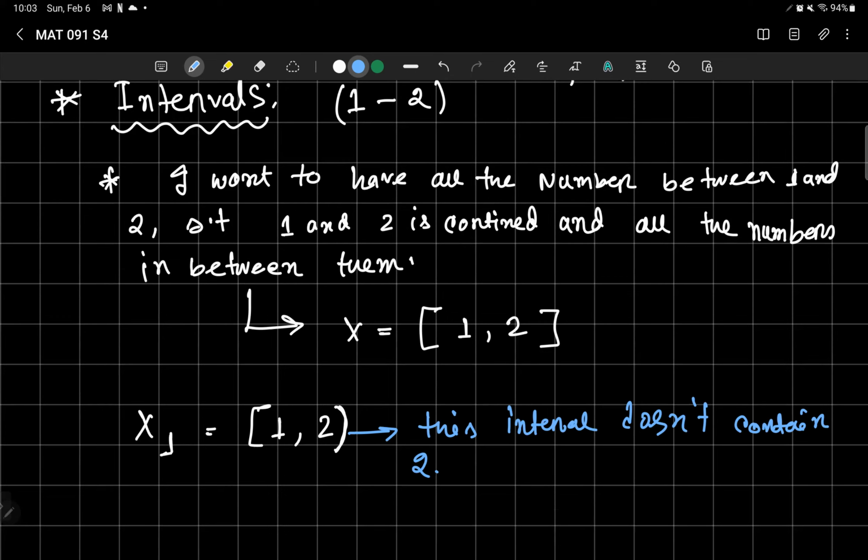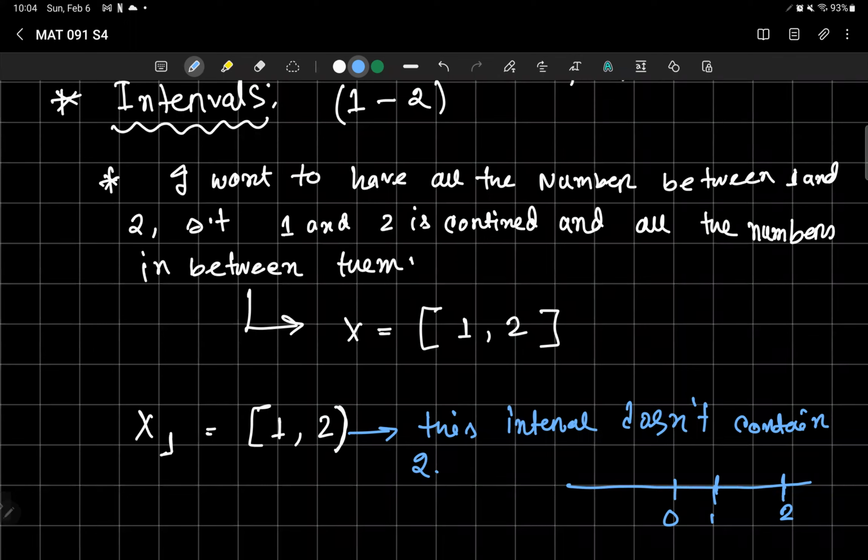Can anyone tell me what's the number before 2 in the real number line? Let's say this is my real number line. This is 0, this is 1, this is 2. What is the number that comes just before 2? 1 point something. 1.5. 1.9. What about 1.999999999 and so on? Yeah, that also. So there is no exact answer for this one. We don't know what that is.